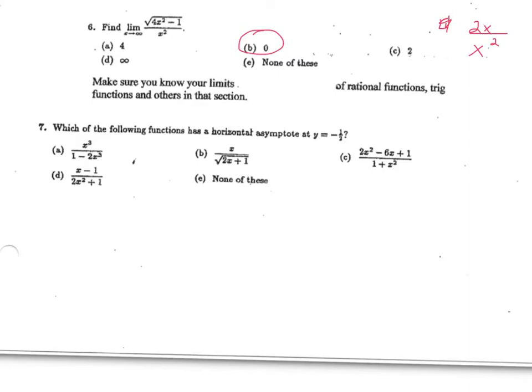So we want to look for a function where the degrees are the same, and it looks like we're either at choice C or choice A, and it looks like we are at choice A since we have a 1 over a negative 2 for the leading coefficients.